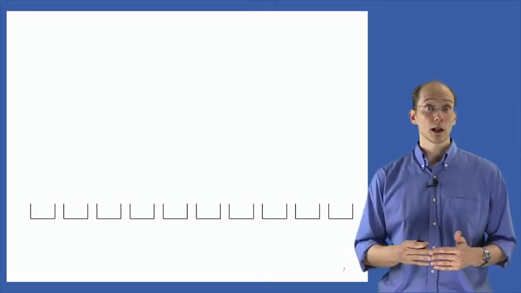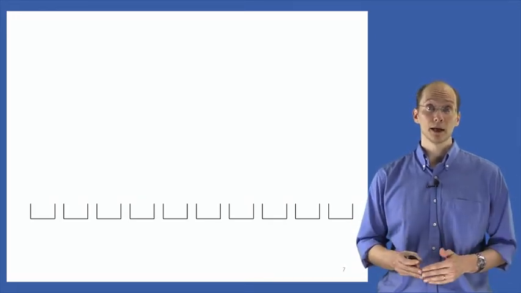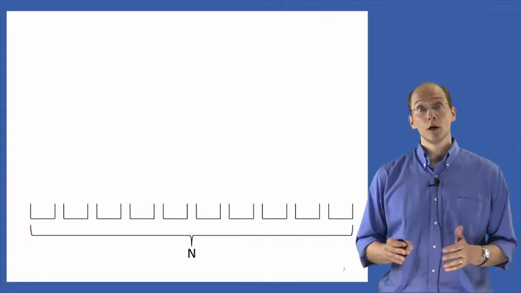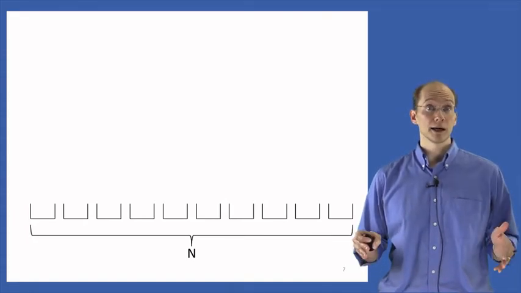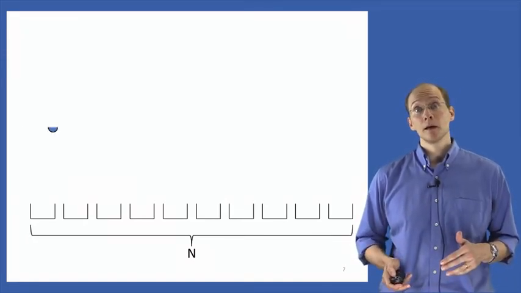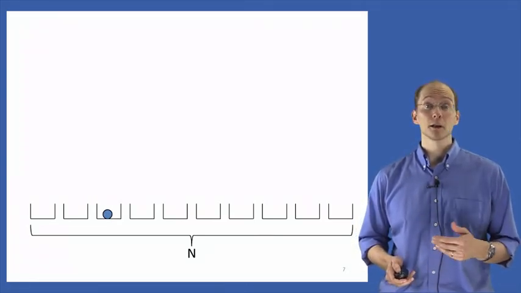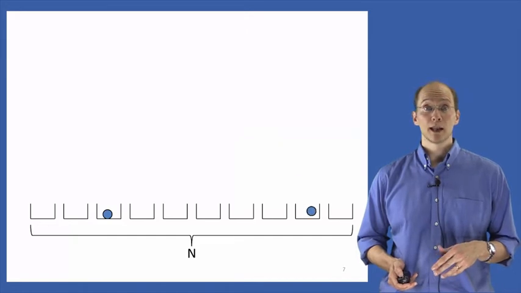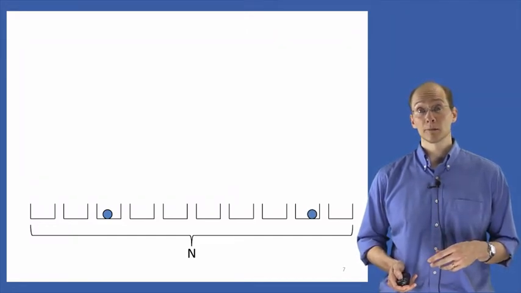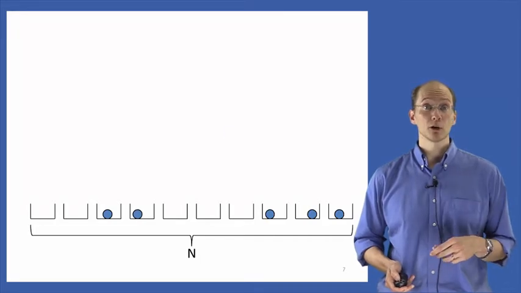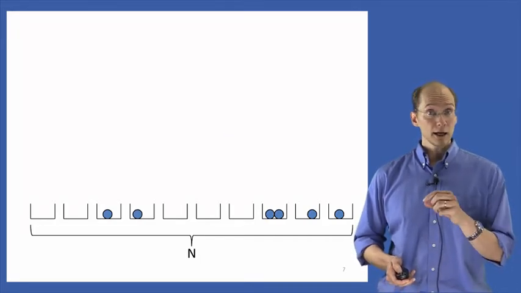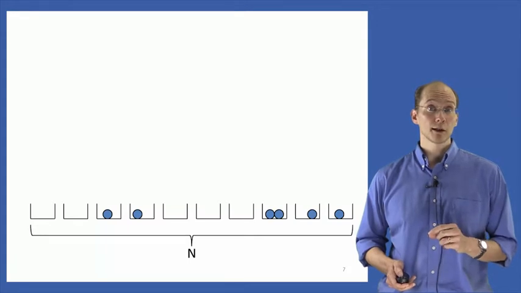When we throw a ball, it lands in a uniform bin. The number of bins we'll denote by capital N. As I said, we start throwing balls into bins. We throw the first ball, it happens to land into the third bin. We throw the next ball, it lands into the second to last bin, and so on. Let's say we keep on doing this. And here, we've managed to get two balls in the same bin.